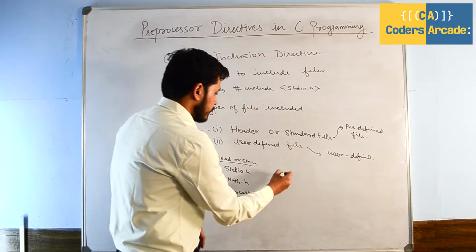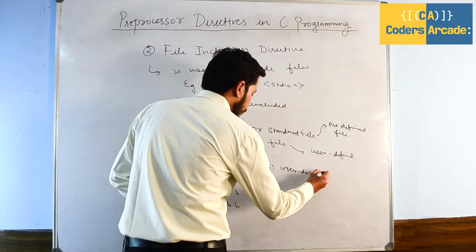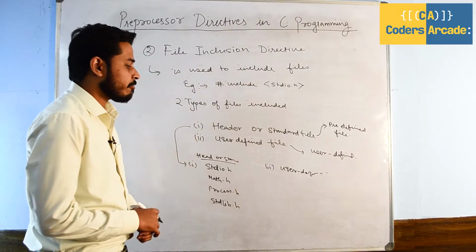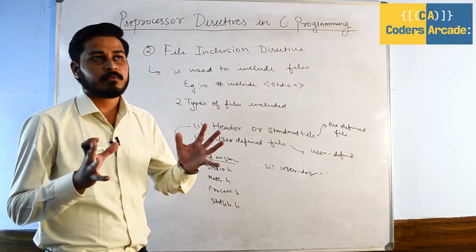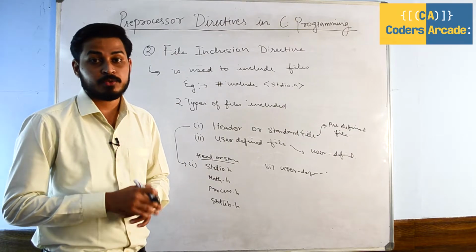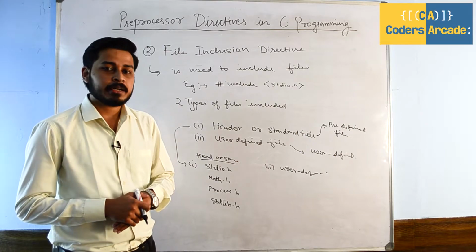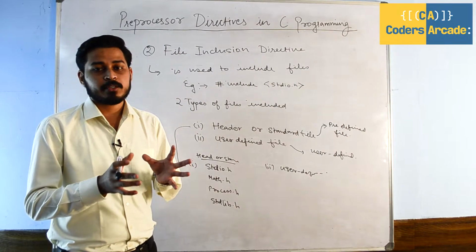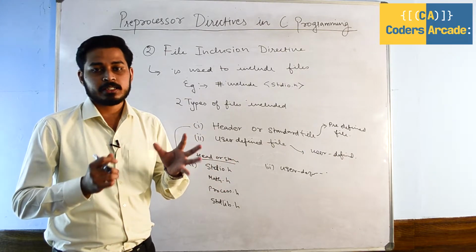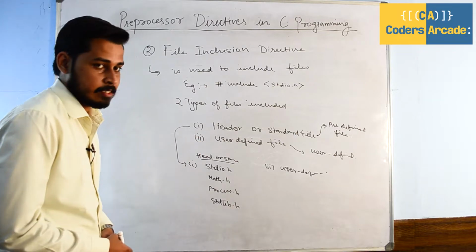Now the second one is the user defined files. So what are user defined files? User defined files are nothing but, when you have a very large program, suppose around 200 to 300 lines of code, good practice is that you should divide that program into small parts, and then you can include those parts as your user defined files.